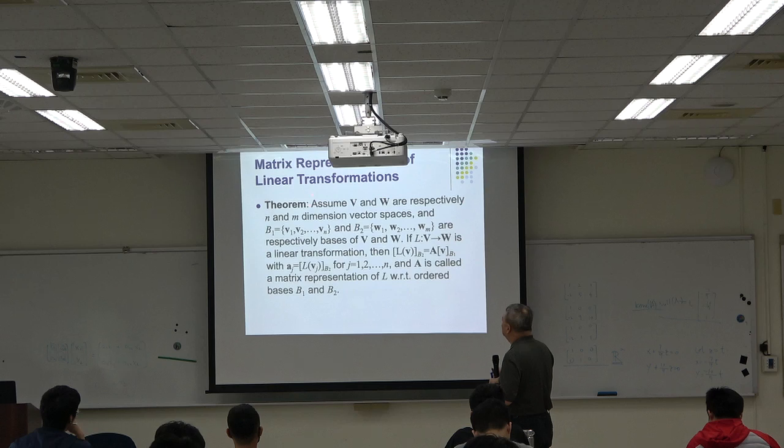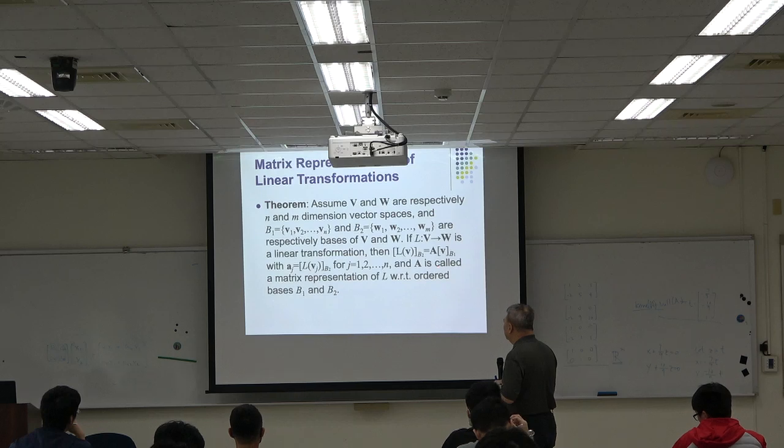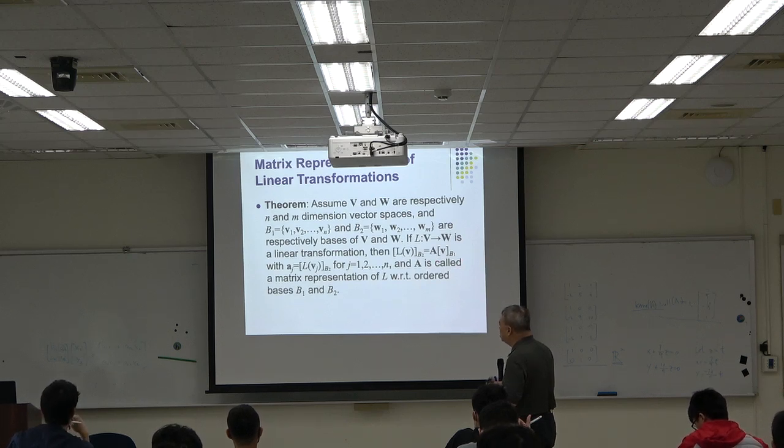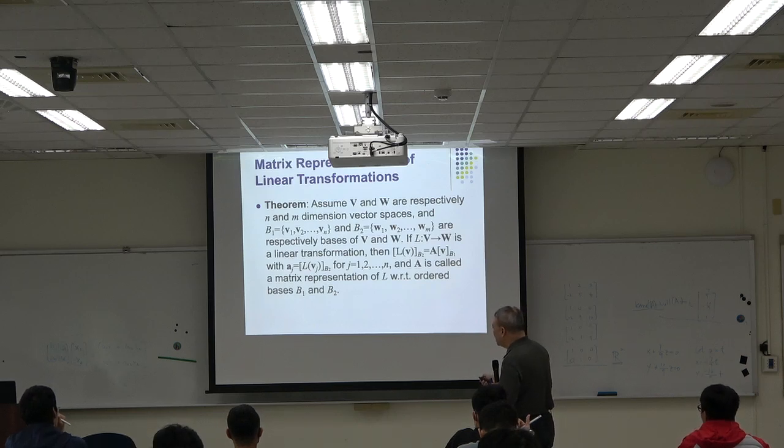Assume V and W are respectively n and m dimension vector spaces, and B1 and B2 are respectively the bases of V and W. If we have a linear transformation L from V to W, then [L(v)]_B2 equal to A [v]_B1, with a_j and so on. This a_j means a column vector.